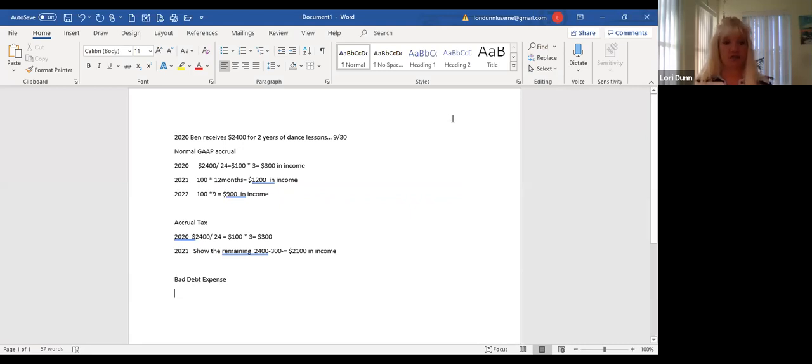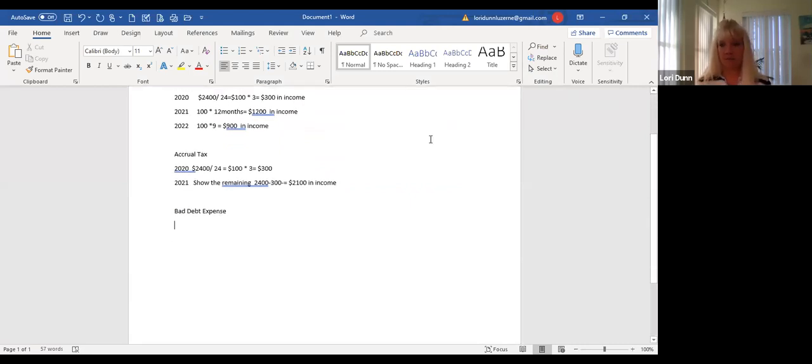And here's the rule. If a company sells on credit, and the customer doesn't pay them. Okay. Under the cash method, remember, you do not recognize income until you receive cash.